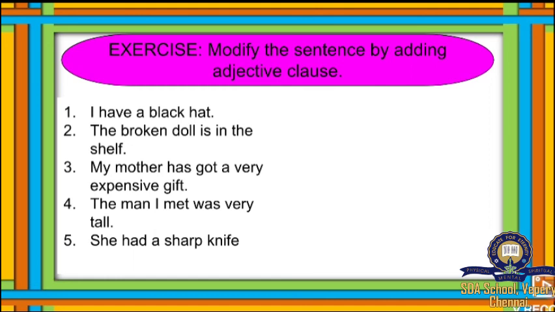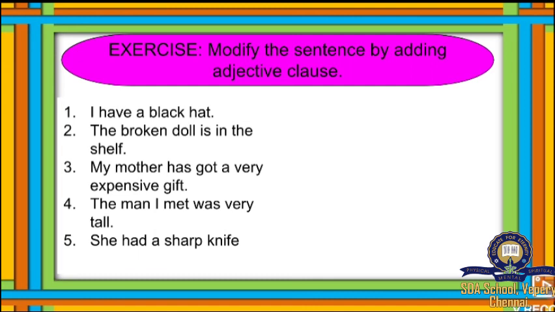Second one, the broken doll is in the shelf. Third one, my mother has got a very expensive gift. Fourth one, the man I met was very tall. Fifth, she had a sharp knife.